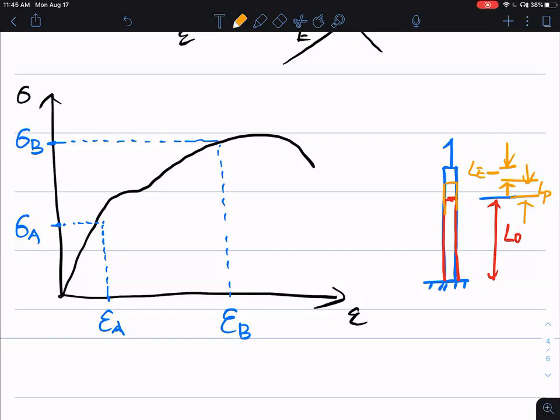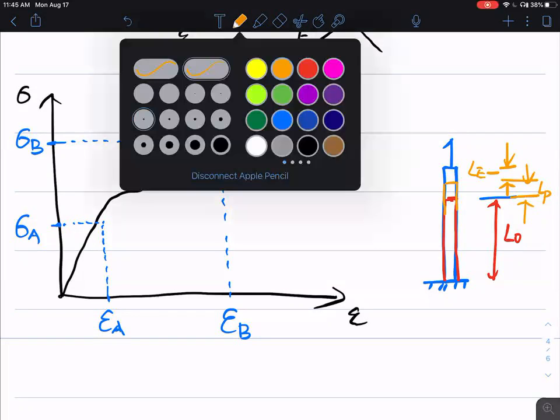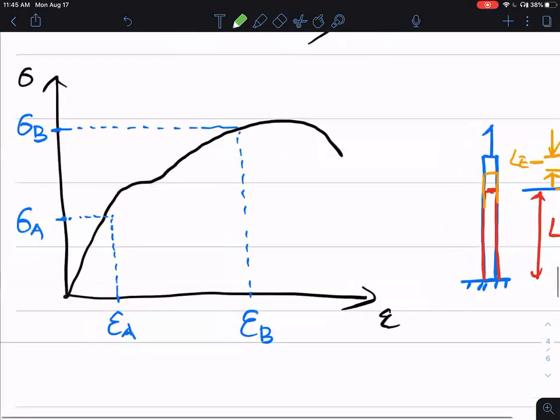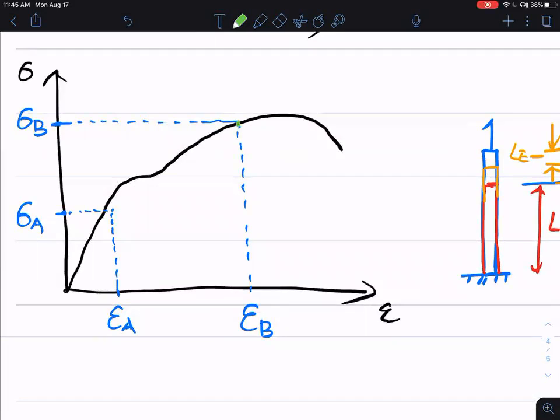So when you release this sigma B, there's a technique you can use to determine what deformation remains in the material. You find the point where you apply the stress level. Let's call this point A. Start from point A, draw a straight line, and make that line have the same slope as the Young's modulus.